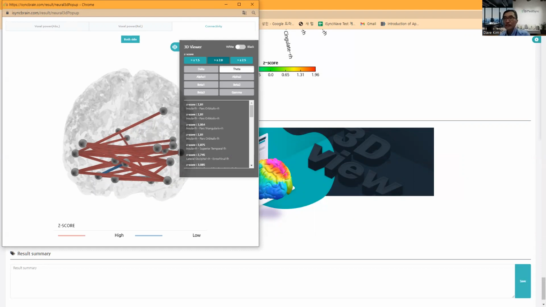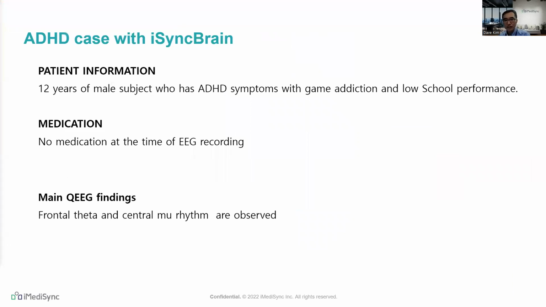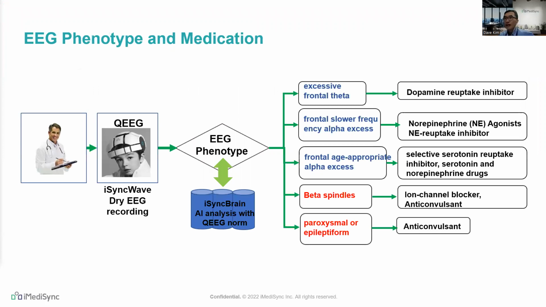I'd like to show you the presentation again. In the previous case, basically the underarousal pattern, excessive frontal theta phenotype, but I'd like to emphasize that ADHD does not always show the frontal theta phenotype, as we show in this slide.